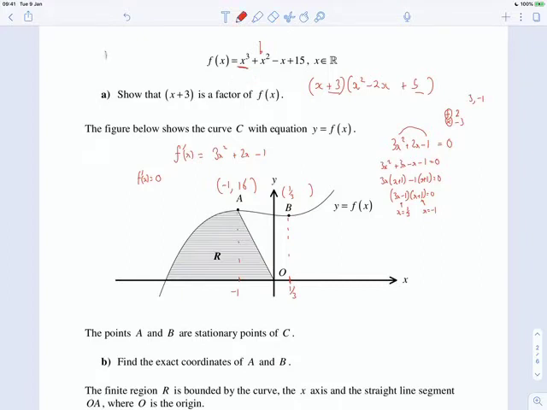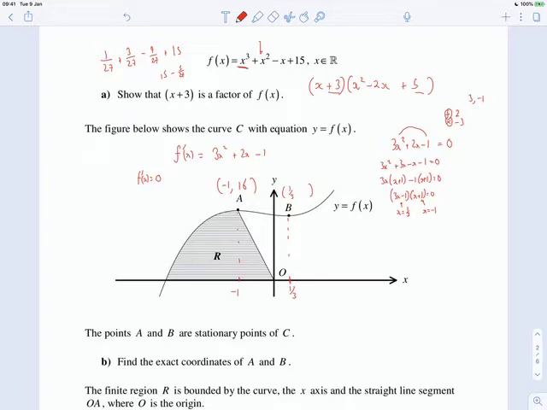A third cubed is 1 over 27. Plus a third squared is a ninth, which is 3 over 27. Minus 1/3, so that's minus 9 over 27. Plus 15. Okay, 1 plus 3 is 4. 4 minus 9 is minus 5. So it's 15 minus 5 over 27.